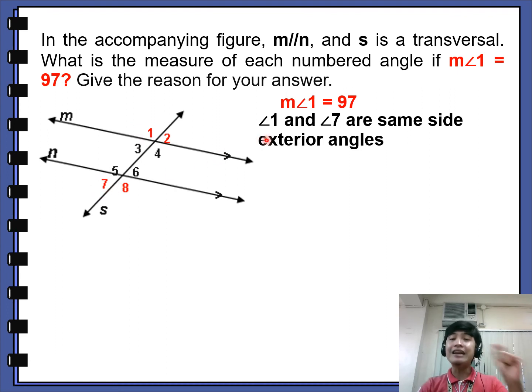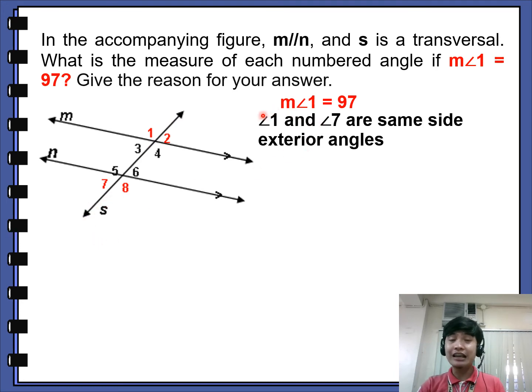Pag binalikan natin ang ibig sabihin ng same side exterior angle, sila po ay dalawang exterior, ito po, na nasa isang side lang ng transversal. So, si angle 1 at angle 7 ay parehas na exterior at parehas na sa left side ni line S na transversal natin.